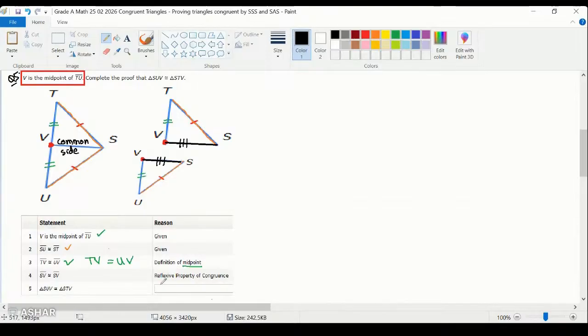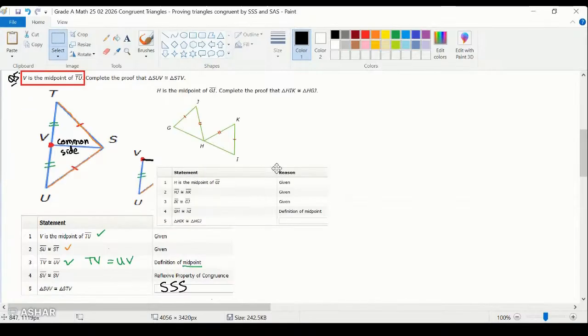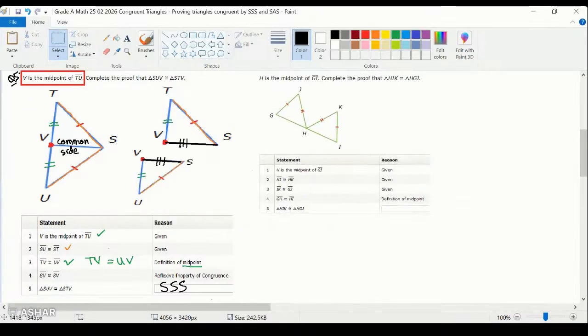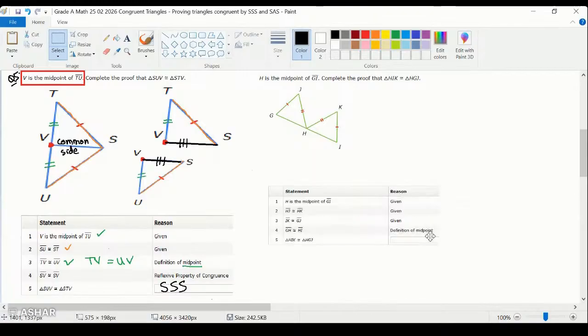So we say that the side, side, side property could be used, because they are not identifying any given angle. Only 3 sides have been given to us. Moving ahead, for the next question, they say H is the midpoint. Let's have a look at question number 6. They're saying H is the midpoint. This is the given data.